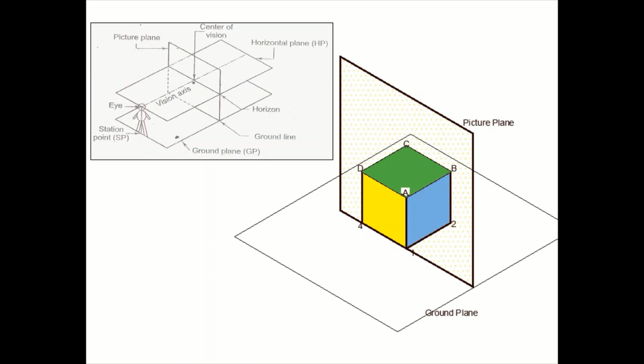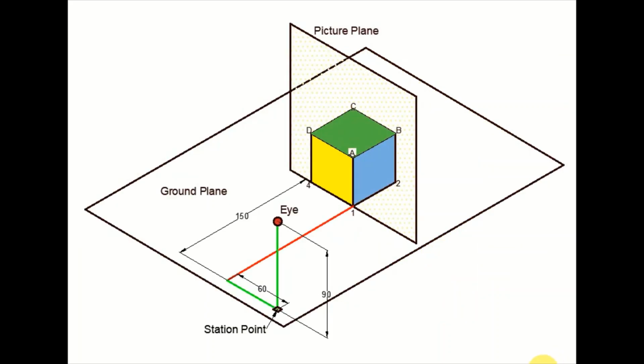Now, after placing the object, the next step is that we need to locate the given observer. In the statement of the problem, the location of the observer is given to be 150 mm from the picture plane and 60 mm on the right of the rightmost edge of the object.